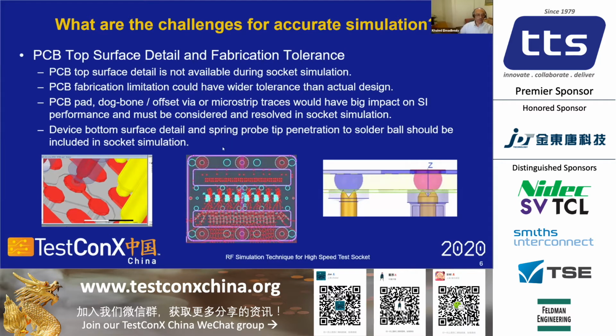Also, the big challenge is sometimes the design detail by itself, like the dog bone with a large offset via. This is a very troublesome design, because now you have almost like two pads. The spring probe interfaces with one pad, and the other pad will be sitting underneath the socket material or the probe head.